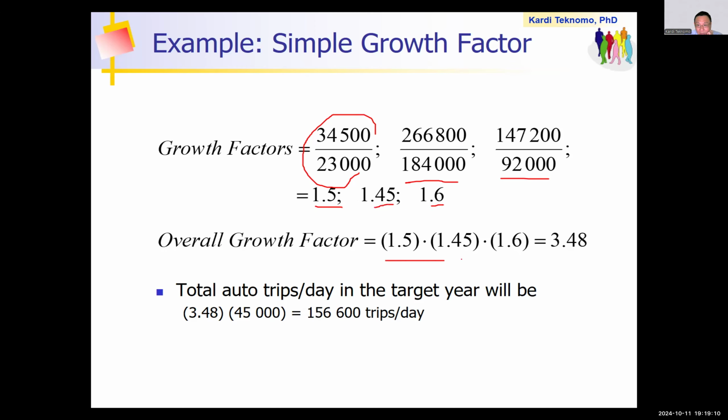And then you multiply these three numbers, you will get the growth factor. Once you have this growth factor, you just multiply it with the current auto trips per day. Then you will get the estimate of the number of trips in the target year.